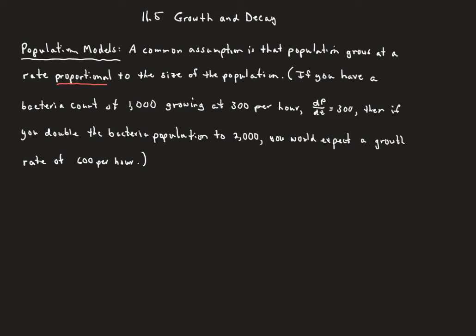The way we say that is that the rate of change of the population is proportional to the size of the population: dP/dt, the growth rate or rate of change, is going to be some constant times P. This k is what we call in general the constant of proportionality.